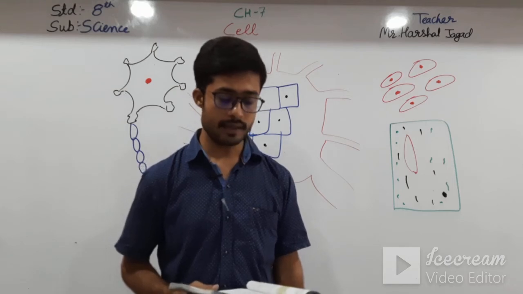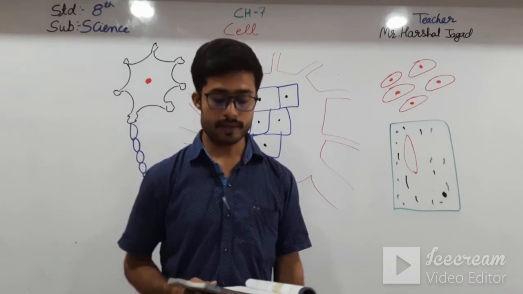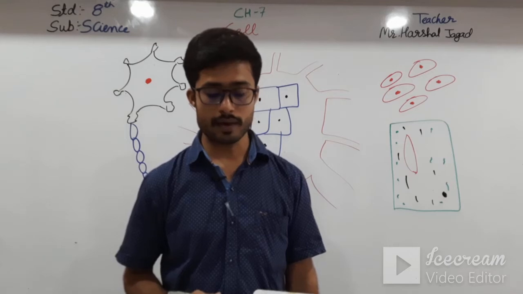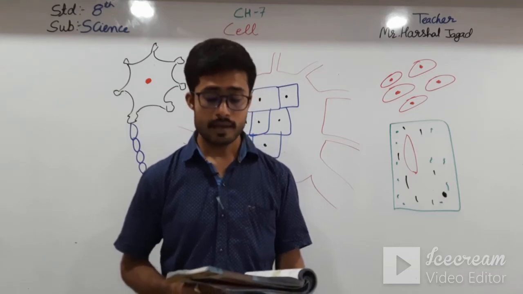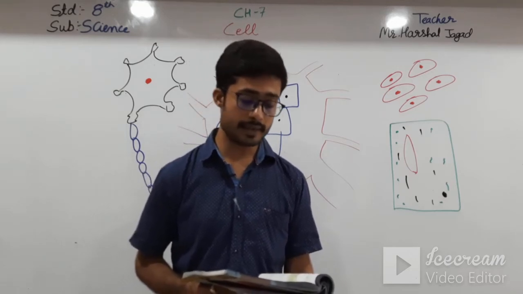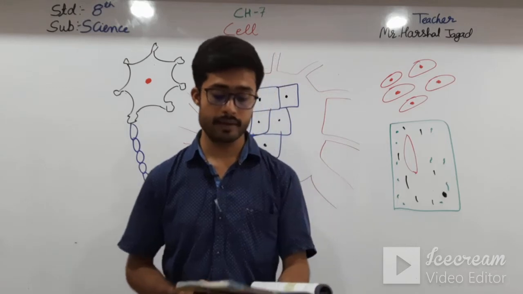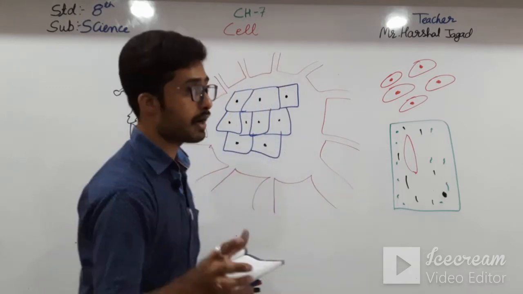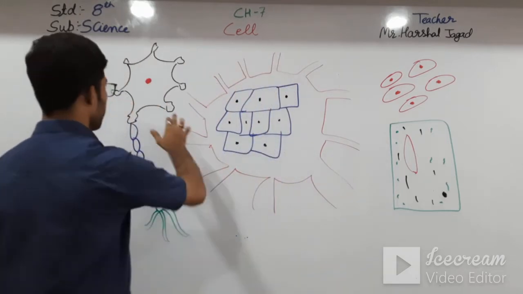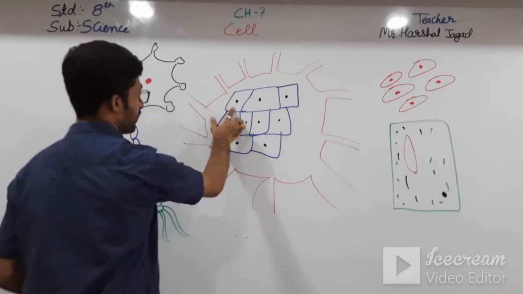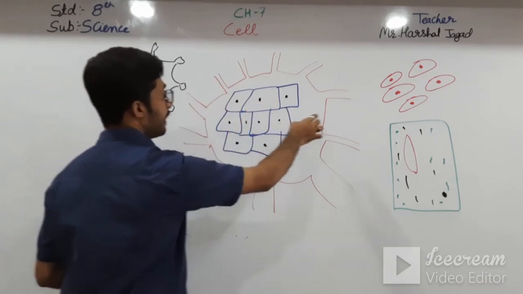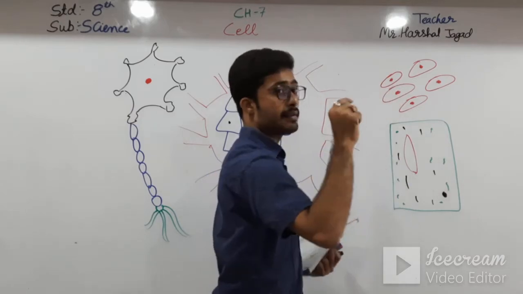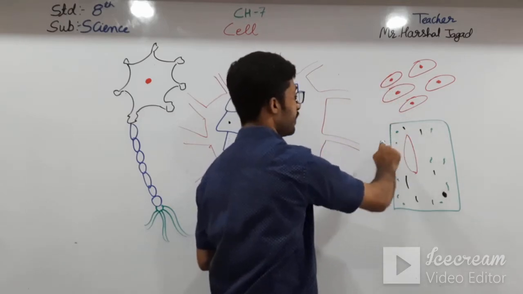Nucleus: this is the innermost part of the cell and is also known as the brain of the cell, just as the cell is surrounded by the cell membrane. See here, this is the main part of the cell, and this is the inner side where I have put dots.